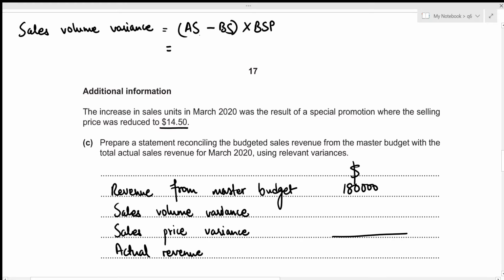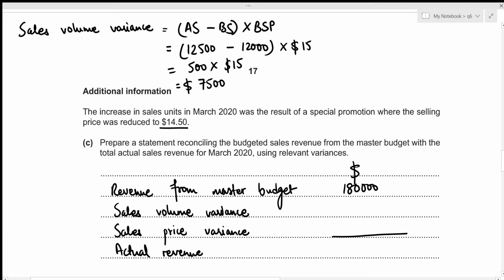The actual sales unit was 12,500 and budgeted sales unit was 12,000, and our budgeted selling price was 15. So this is just 500 times 15, which results in our sales volume variance to be 7,500.